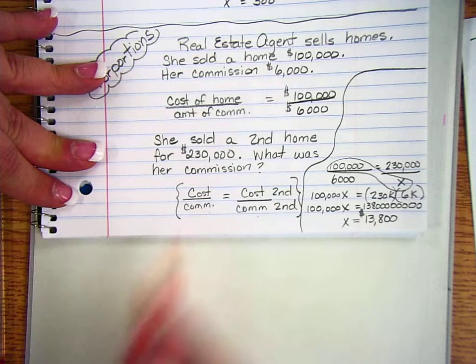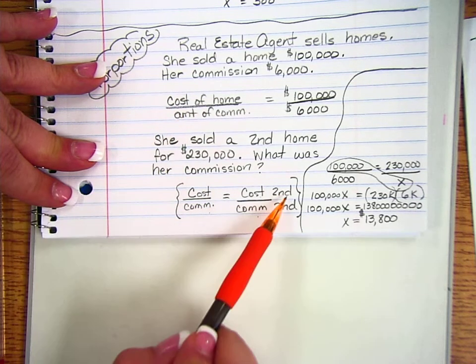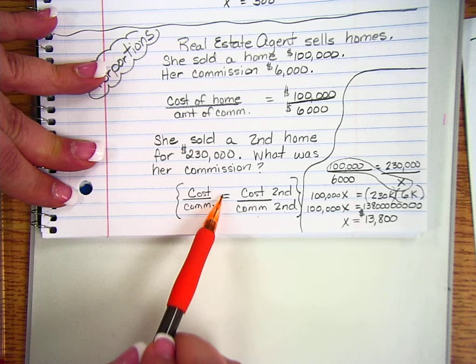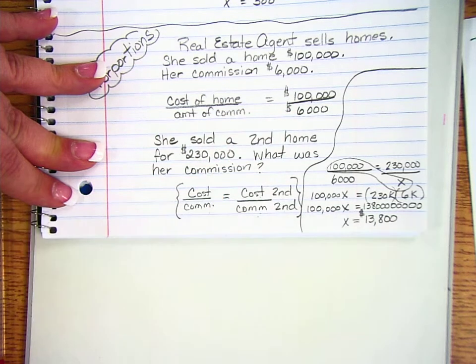Okay? So you see how we used the known, which we had up here, to solve the unknown. Those ratios are equal. And if you go back and you divide 100,000 by 6,000, it should be the same answer as dividing 230,000 by 13,800. All your proportions are going to work very, very similarly to that.